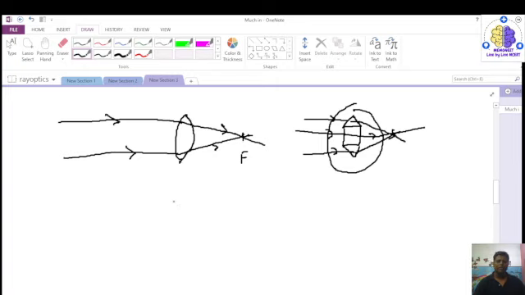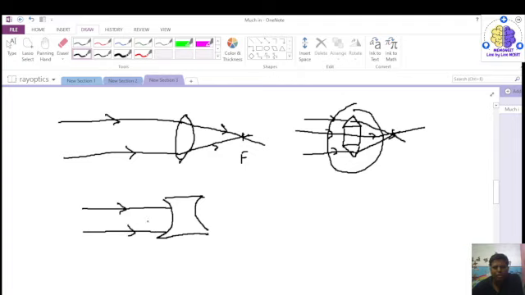Now if we talk about a concave lens, the light rays coming from infinity, which are parallel to each other, will travel as if they are coming from a point, and this point is known as focus, right?